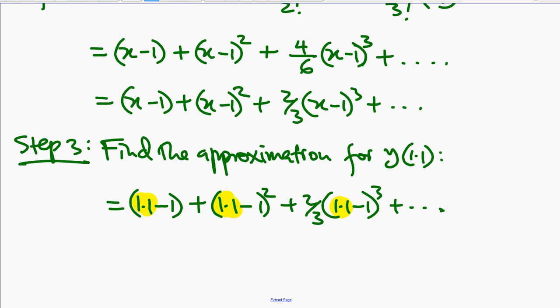I've just substituted that in place of x to find what the corresponding value of y will be. So if you plug that in your calculator, you should be able to end up with 0.1107.